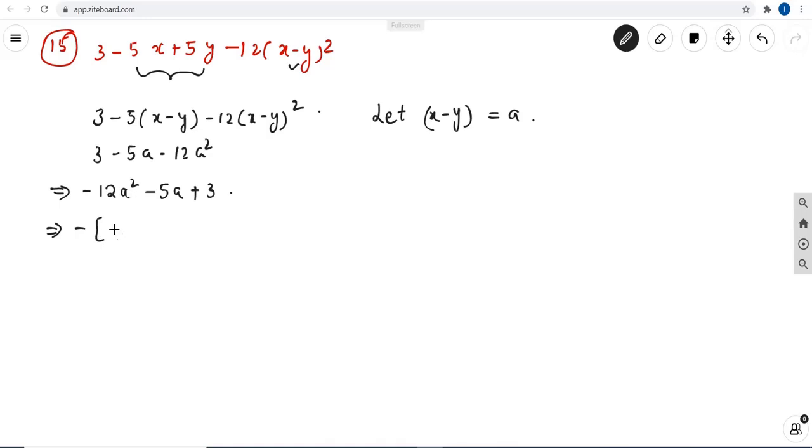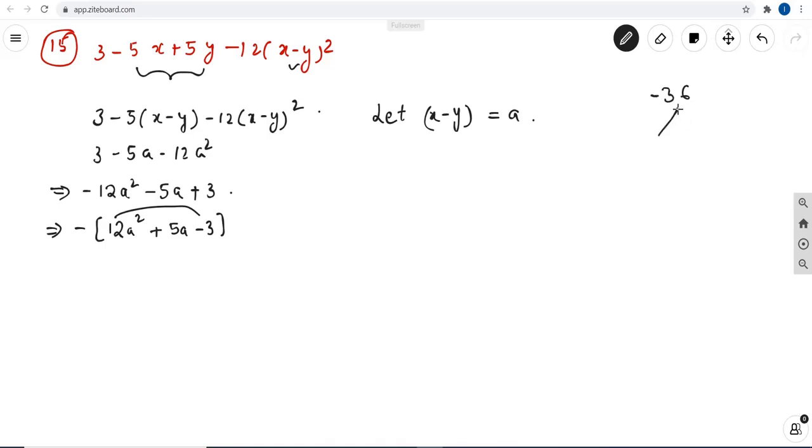Okay, so minus we will take outside. If I take minus outside, this becomes 12a square plus 5a, and this becomes minus 3. Okay, so this and this if I multiply, this becomes 12 into 3, that becomes 36, and it is minus. Okay, so 36, how do I have to select the factors? If I add or subtract, I have to get 5.